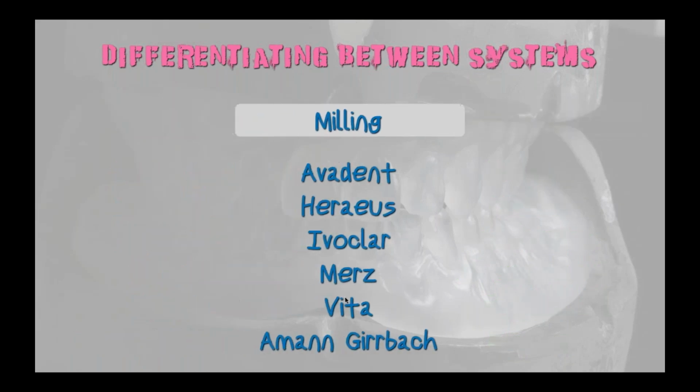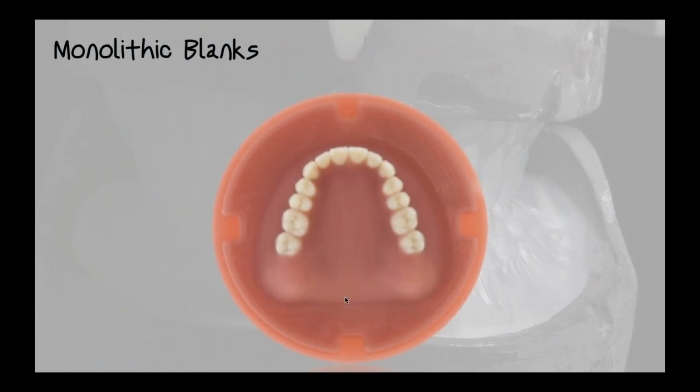If we now concentrate a little more on milling in this webinar, we definitely have to look into monolithic blanks. And there is one really interesting system out there. It's called the BDS system, the Baltic Denture System, where we have different sizes of already prefabricated denture arches present.